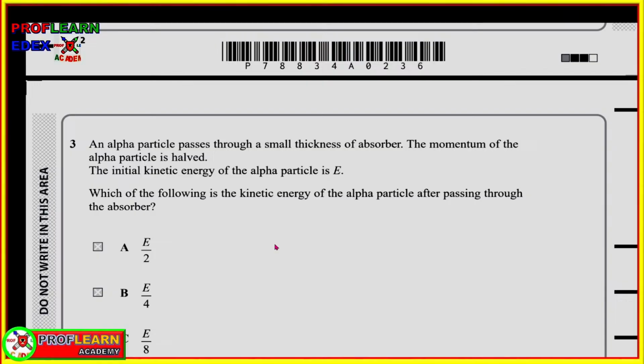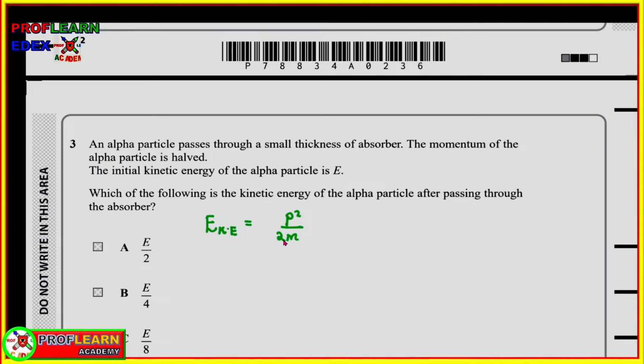So what is the first thing that we need to remember here? Number one, that kinetic energy is given by the formula P squared over 2m.